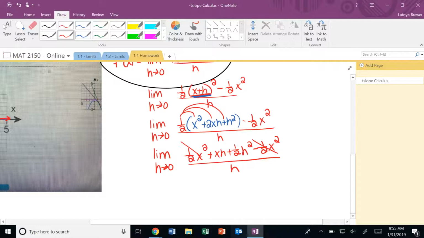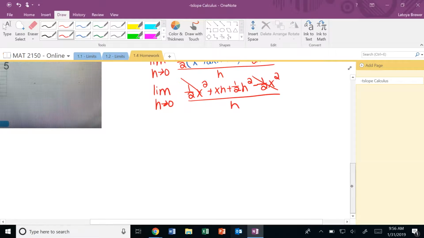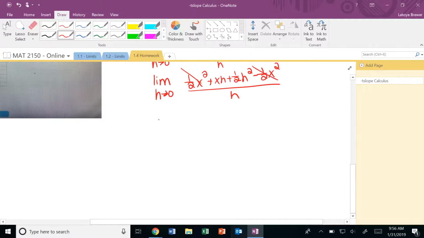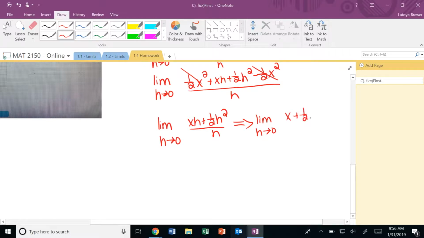We'll combine like terms, so the 1/2 x squared and negative 1/2 x squared cancel one another out, which leaves me with the limit as h approaches 0 of xh plus 1/2 h squared, all over h. If I divide both parts by h, that gives me x plus 1/2 h.